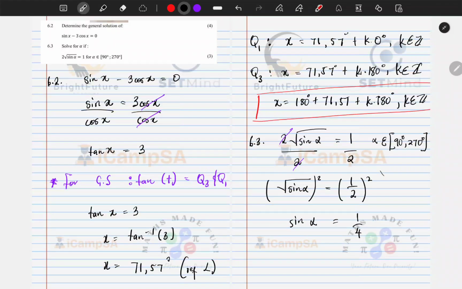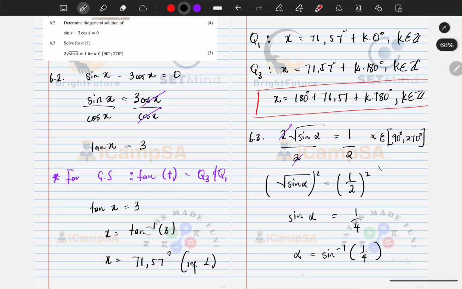And then from here, all that I will need is my reference angle. So I can say alpha is equal to sine inverse of 1 over 4. So my alpha, if I punch my calculator, I should be able to get 14,48 degrees, right?